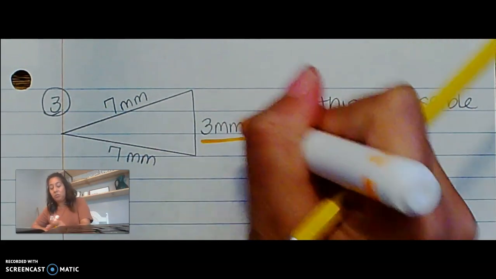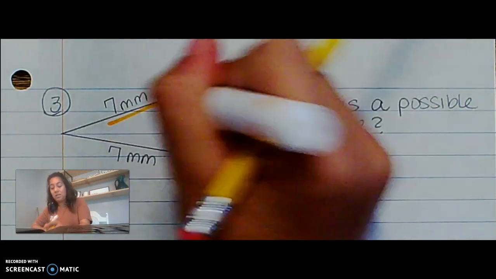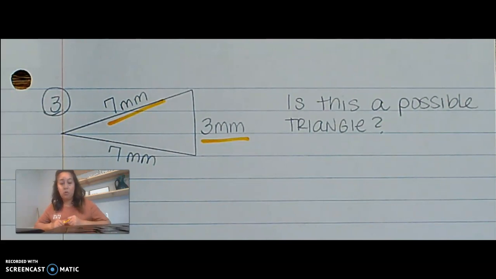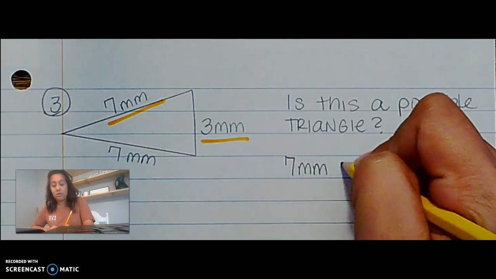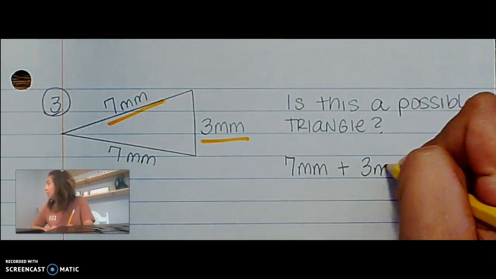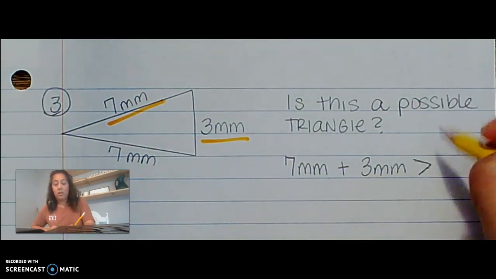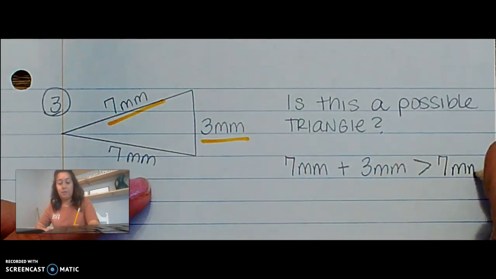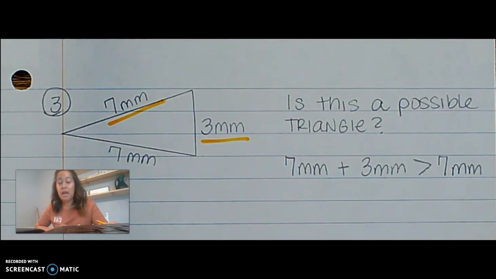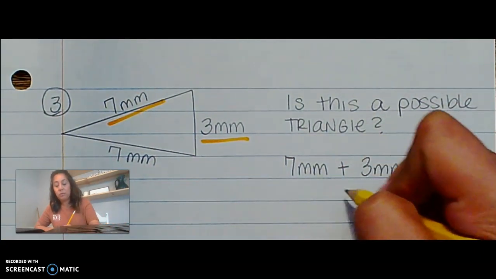So I'm going to pick this 3 millimeters and this 7. So my inequality that I'm going to write is 7 millimeters plus 3 millimeters is greater than the other, the third side, which is 7 millimeters. Okay, so then we're just going to add the two short sides together, 7 millimeters and 3 millimeters.